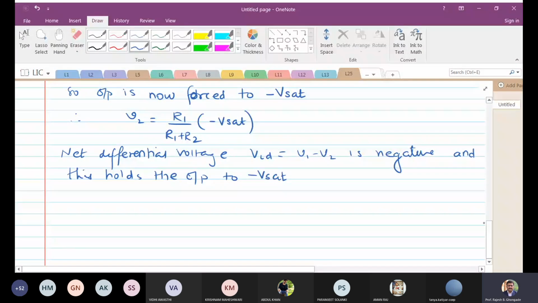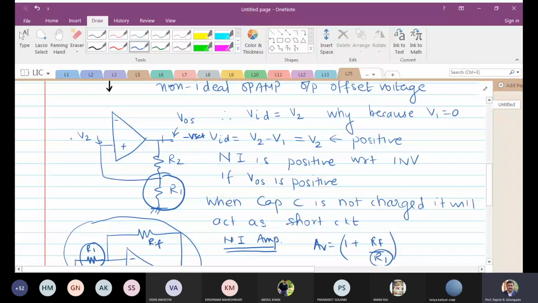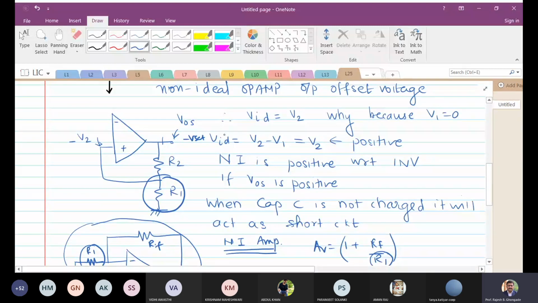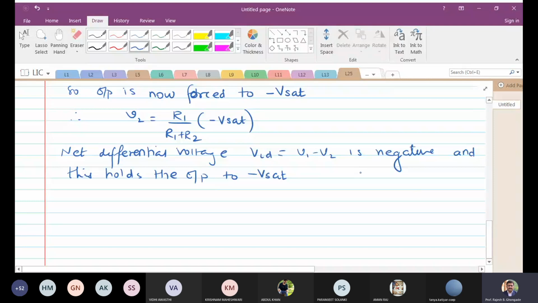So even if this minus Vsat is now there, here the V2 is negative, and we have already said VID is what? V2 minus V1. So net voltage VID is again negative only. And this negative voltage is what is responsible for keeping the output of the operational amplifier at minus Vsat. Okay.